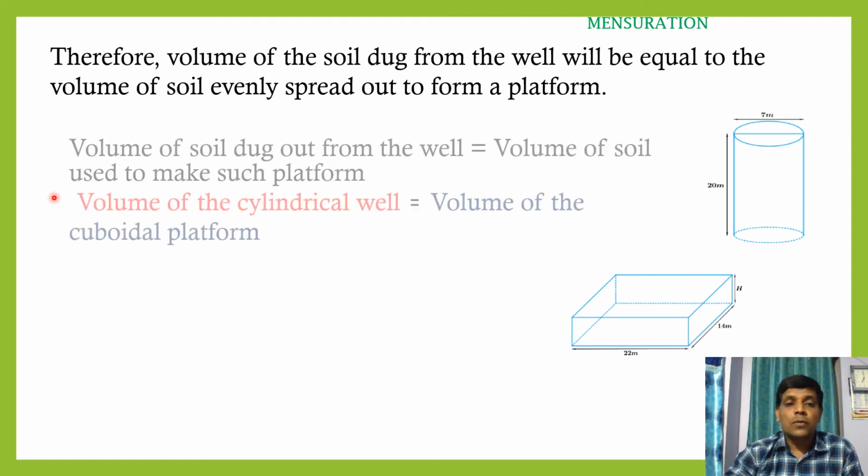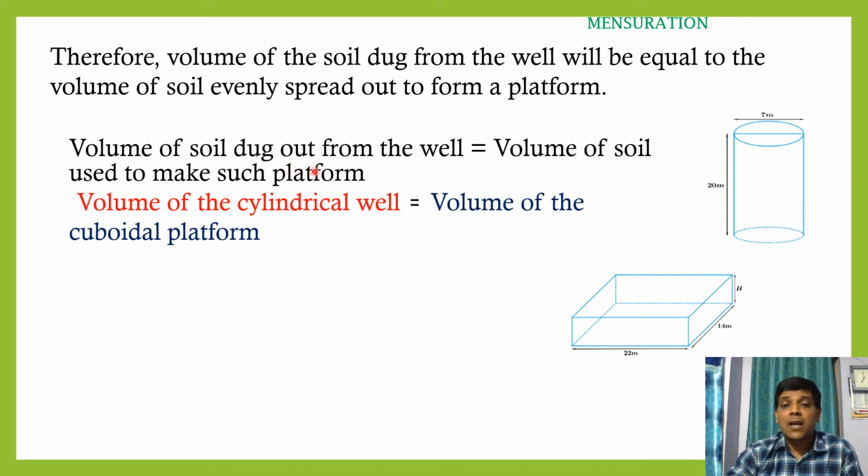Now coming to the formula. The volume of the soil dug out from the well is equal to the volume of the soil used to make the platform. That means the volume of the cylindrical well equals the volume of the cuboidal platform. The volume of a cylinder equals pi r square h, and the volume of a cuboid equals length into breadth into height.